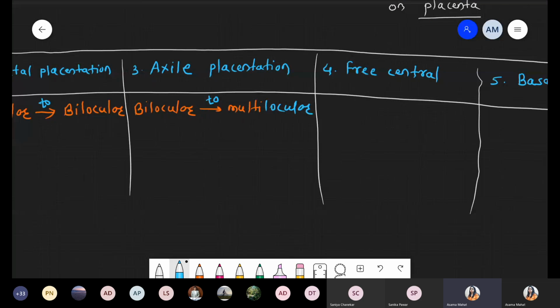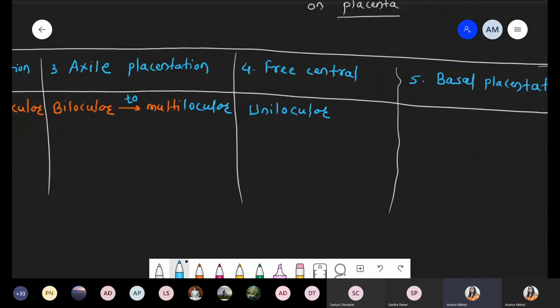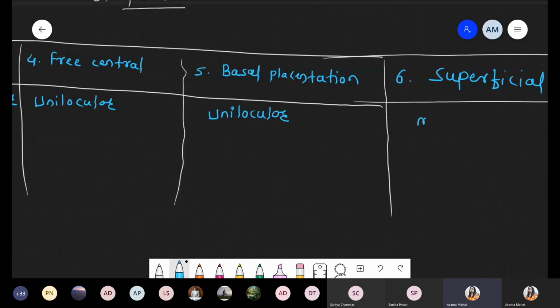Now in case of free central, again there is a presence of unilocular. It means the ovary consists of only a single chamber, a single locule. Again for basal, the same scenario: unilocular. And the superficial condition consists of multilocular chambers.